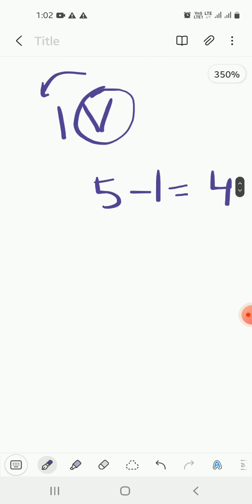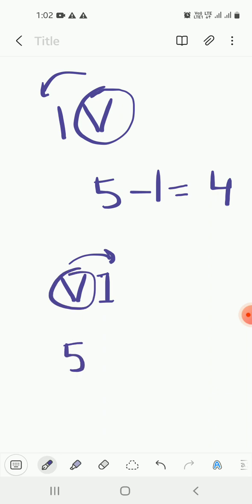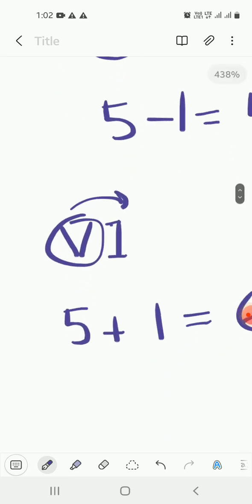But if anything is written after V, the I would mean plus 1, that is 6. And the same rule, rule number 1, applies to all cases: you cannot repeat any symbol more than 3 times.